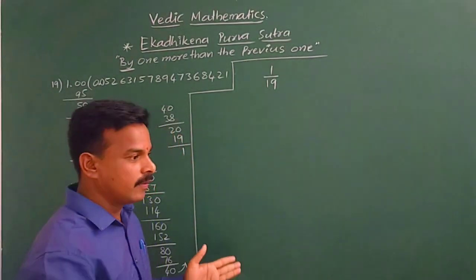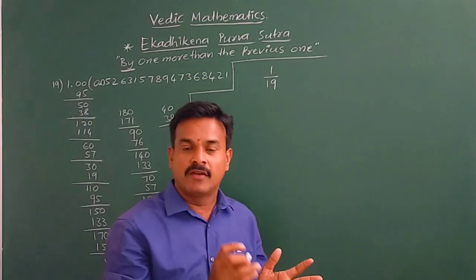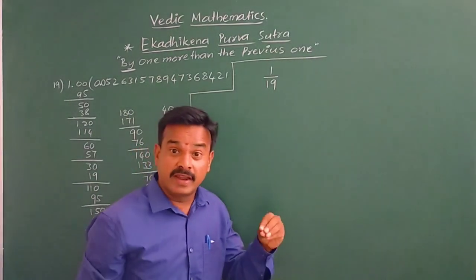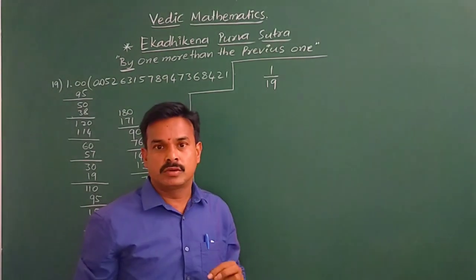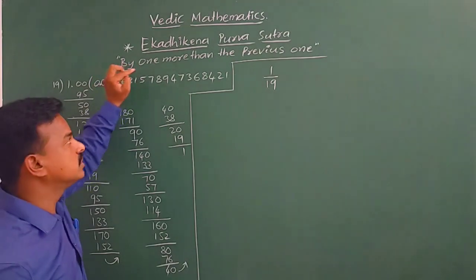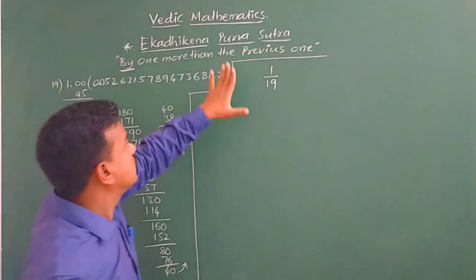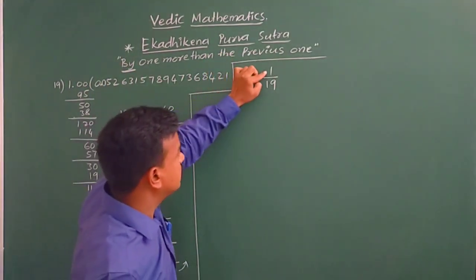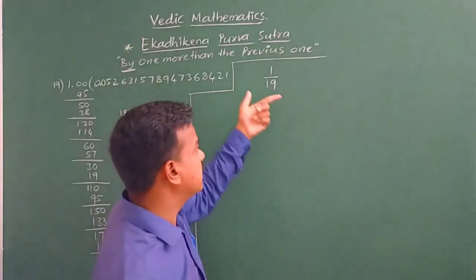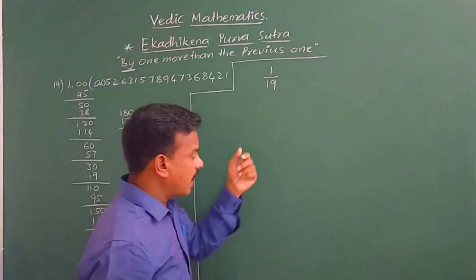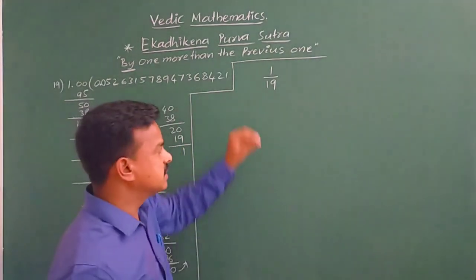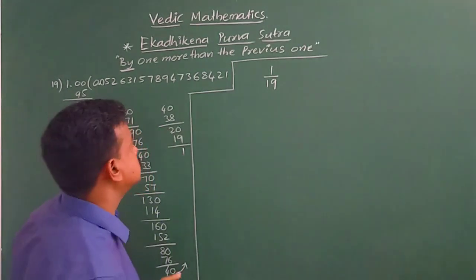For example, multiply 5 by 3 or divide 8 by 2. Here in two cases we are using 'by'. That's why the answer of 1 by 19 we can get in two ways. One is by the multiplication method and the second is by the division method. We have to discuss these two methods now.